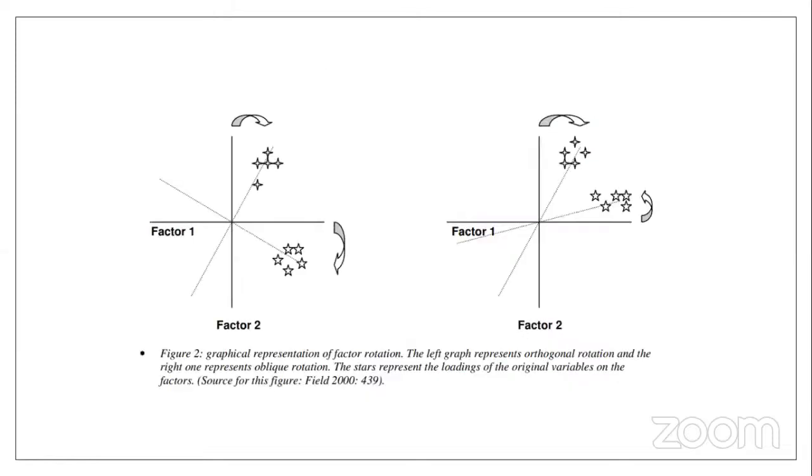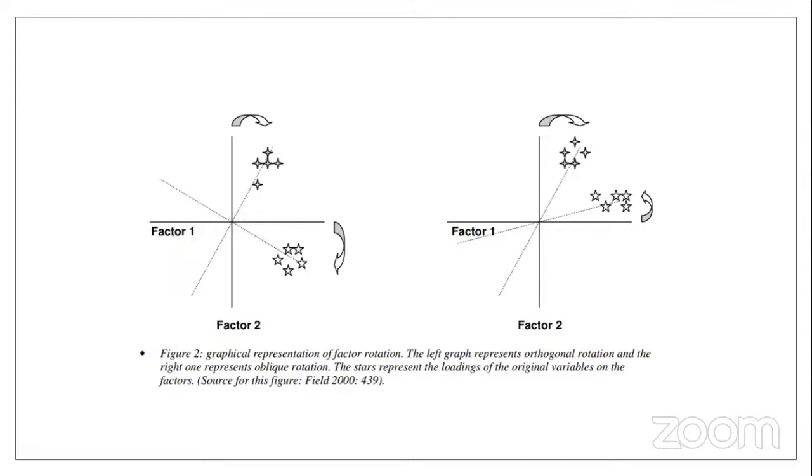This is a pictorial depiction of how a rotation takes place. The first one on the left, factor 1 and 2, is the orthogonal rotation. You can see here that the vertical set of items is rotated, and the horizontal set of items, which are loading on factor 1, is also rotated to the same extent.